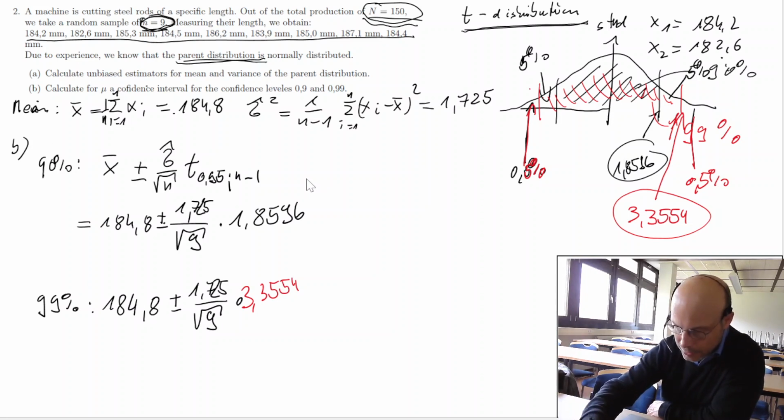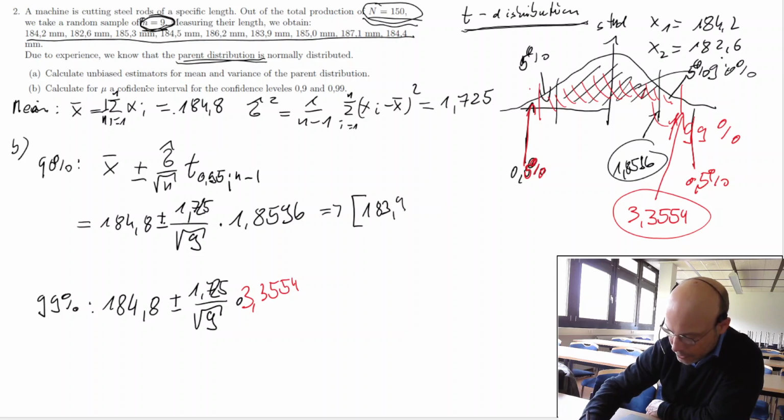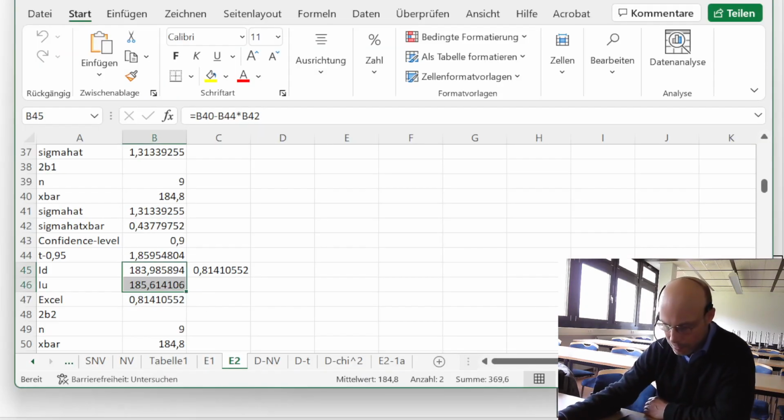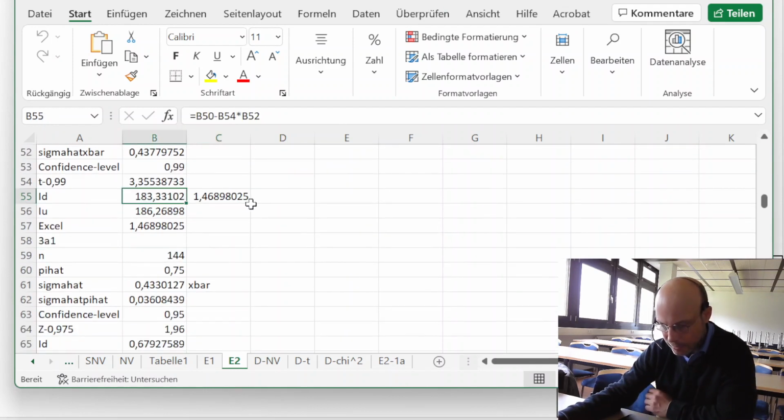So our interval here means 183.99 up to 185.61. And in this case, we have 183.33 and 187.